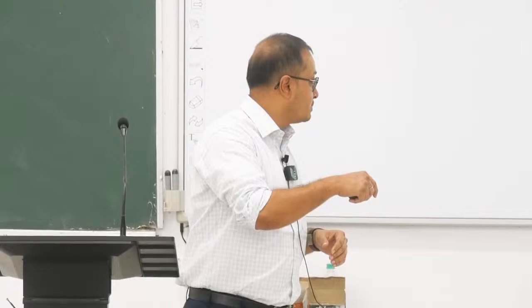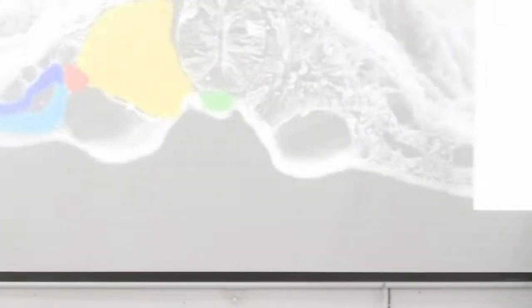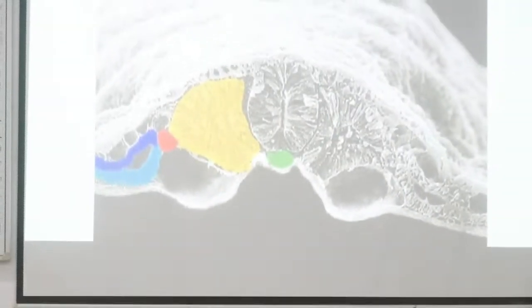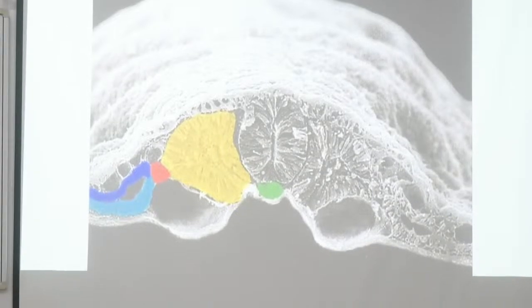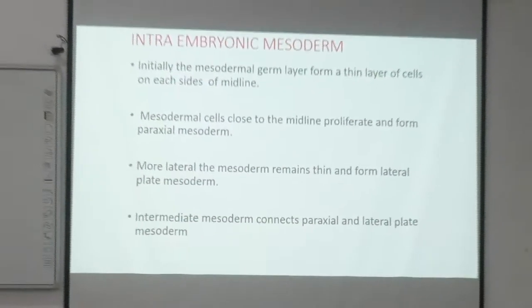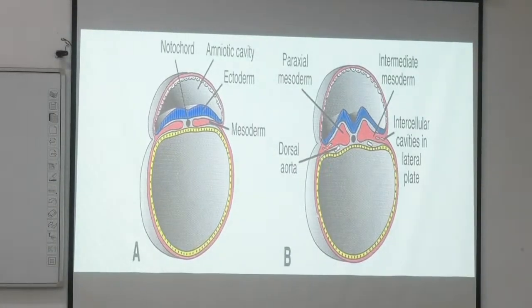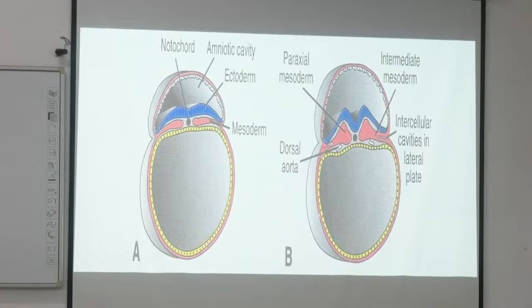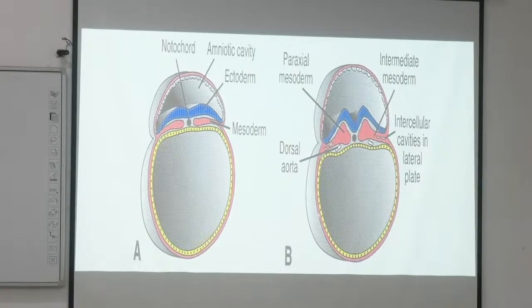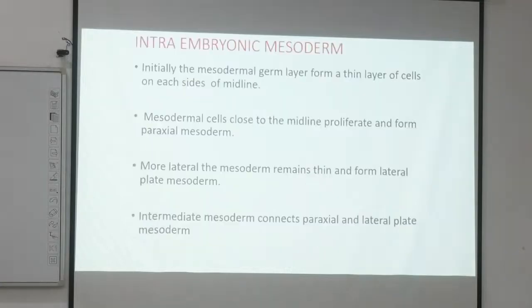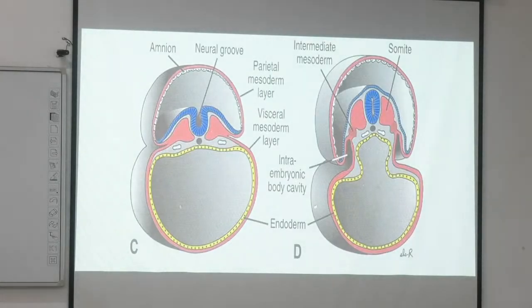Now, you see that within this lateral plate mesoderm appears a coelom. We call it the intraembryonic coelom. This coelom was not there before. Here the vacuoles or cavities which appeared joined together, and after joining they create a single cavity. That single cavity which is present here, we call the intraembryonic coelom.